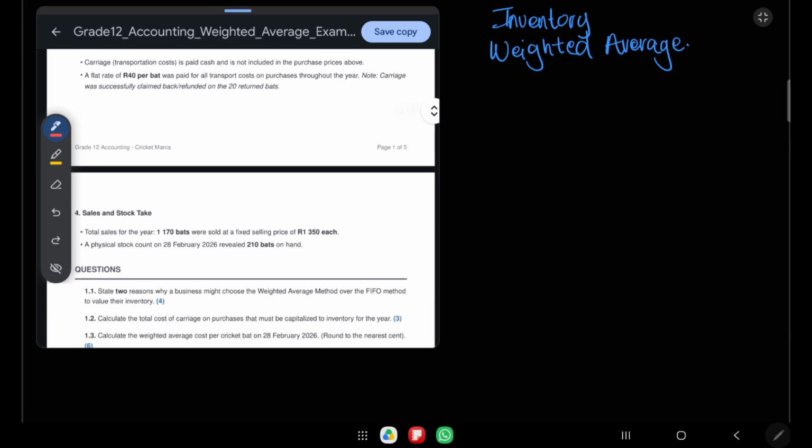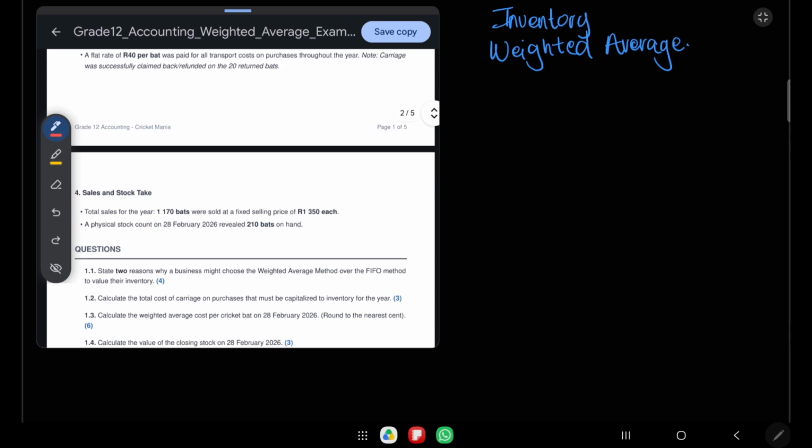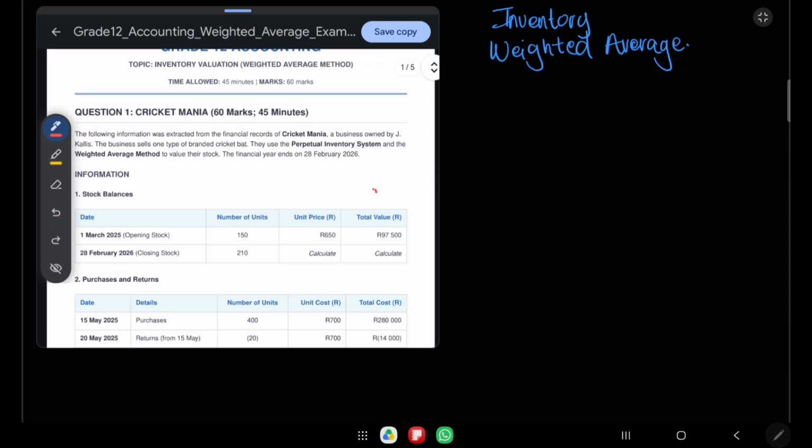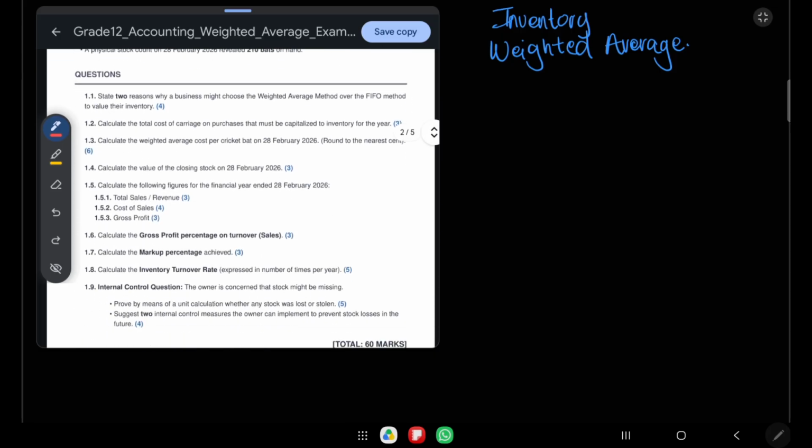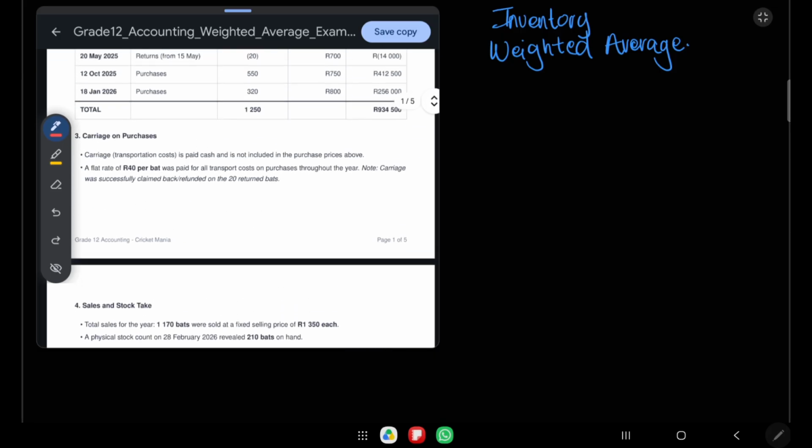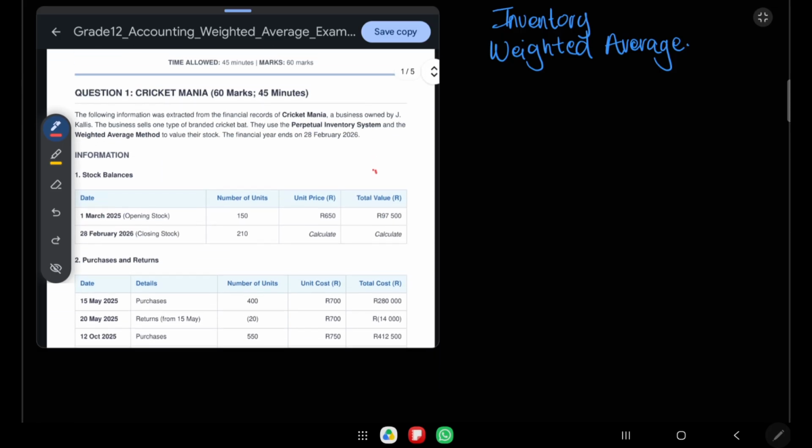Let's look at other information. We have sales and stock take. The total sales for the year, 1,170 bats were sold at a fixed selling price of 1,350 each. A physical stock count on the 20th of February 2026 revealed 210 bats on hand.